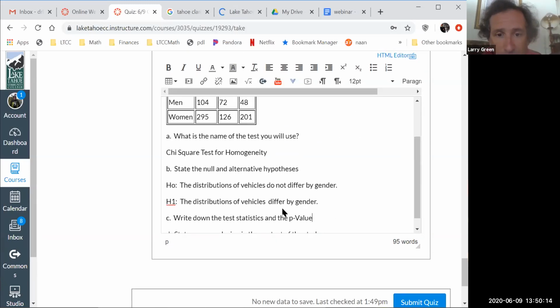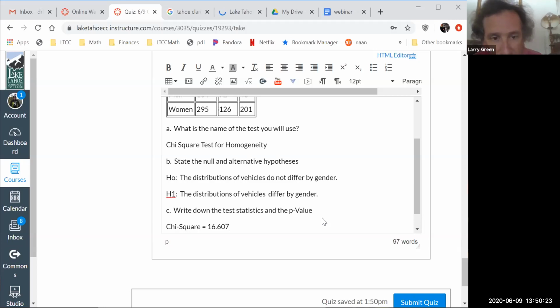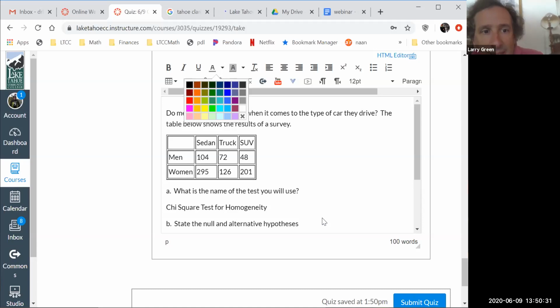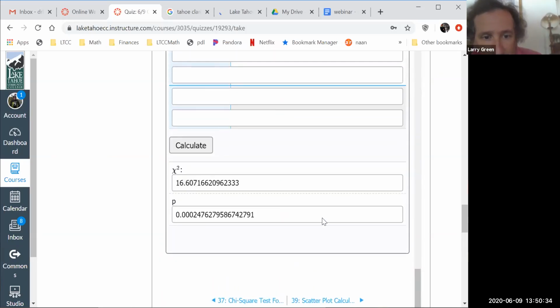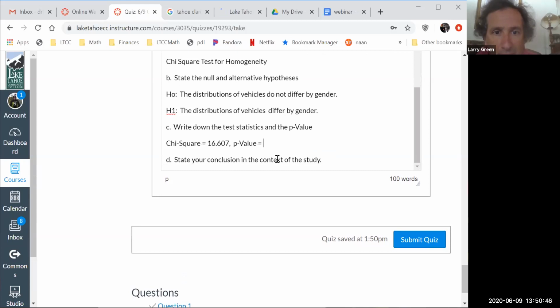So chi-squared is equal to 16.607, and the p-value is equal to, we'll get there. Just take a bunch of decimals. About 0.000246. Okay, do you need to be given the level of significance, by the way?